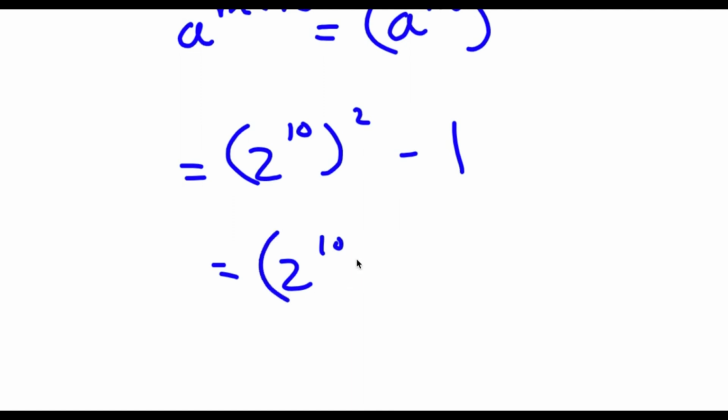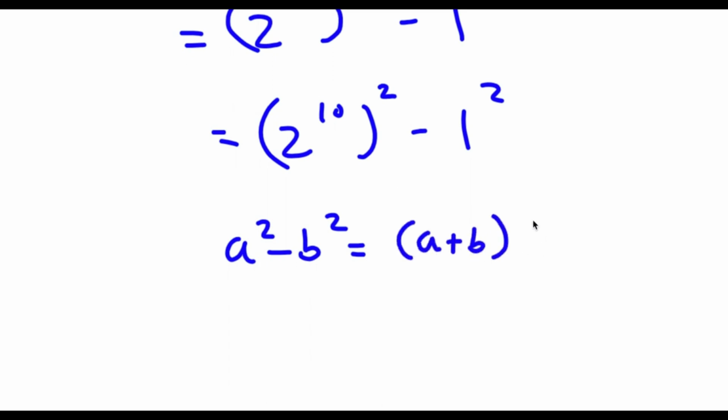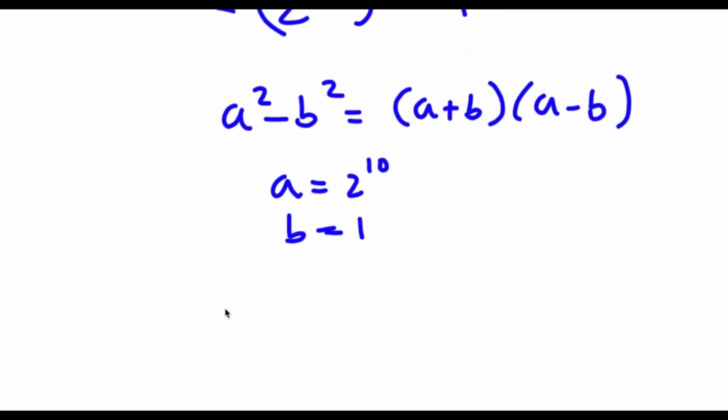Now 1 here is the same thing as 1 squared. And if I have something in the form a squared minus b squared, this is equal to a plus b times a minus b. So in this case, a is equal to 2 to the power of 10, and b is equal to 1. So I have 2 to the power of 10 plus 1 times 2 to the power of 10 minus 1.